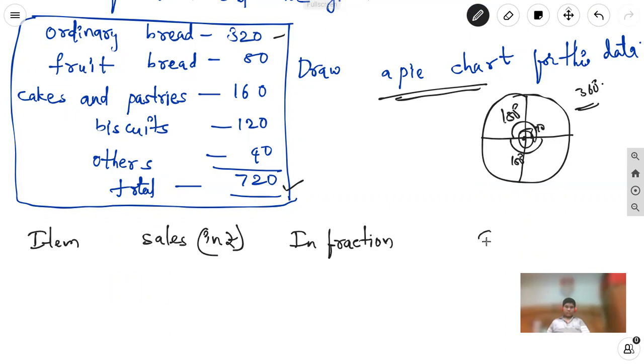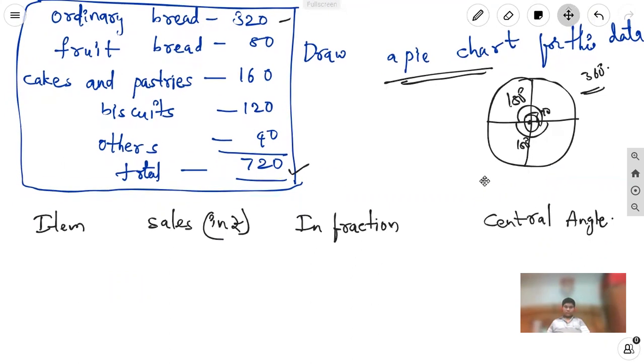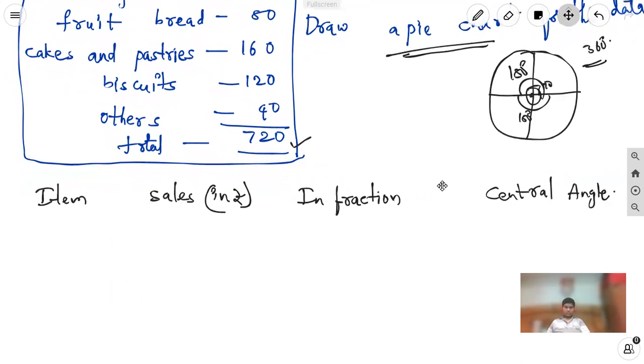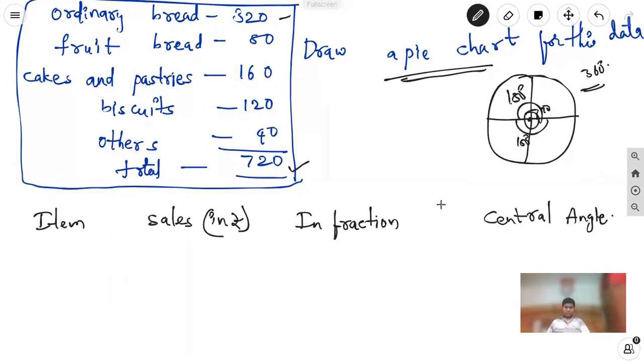Next, that fraction can be taken as a central angle. The central angle is 360, then we multiply the 360 degrees angle with the fraction, then we get the angle for the different items. Okay, here ordinary bread is 320 rupees. It's ordinary bread.